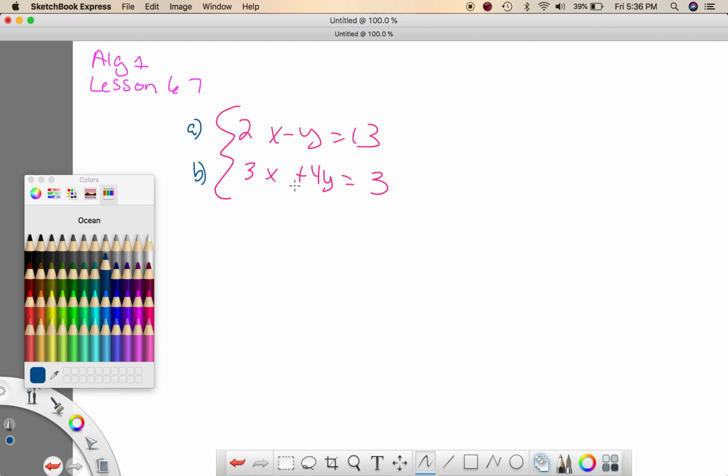So what I need to do is make them opposites. The easiest one to do is here, the sign's already opposite, and this is an implied 1, correct? And this is 4. So if I multiplied this term by 4, it would be negative 4, which would make it the opposite of positive 4. But to do that, I have to do it to the entire equation.